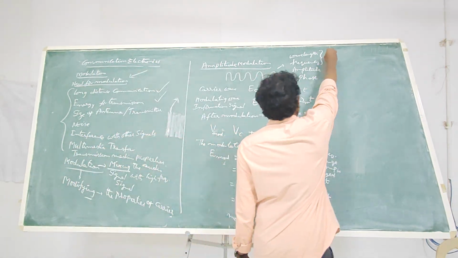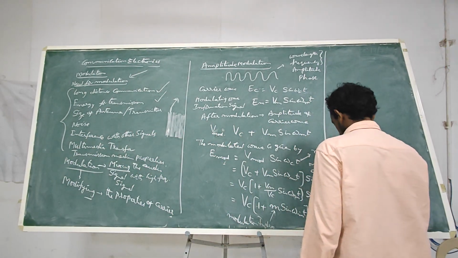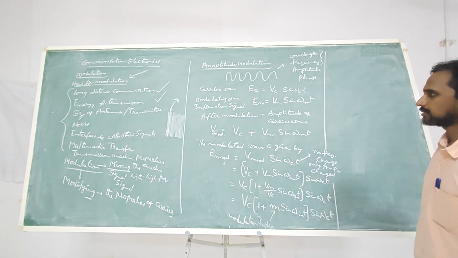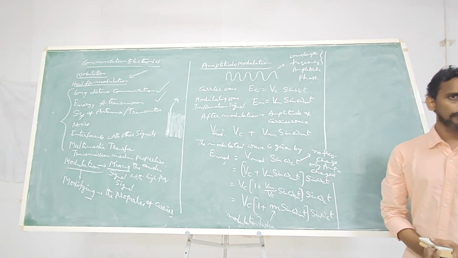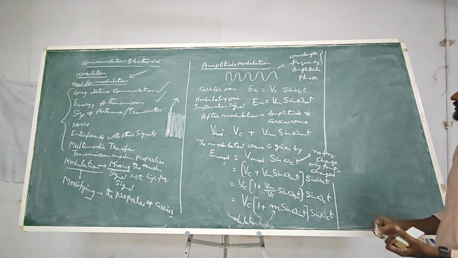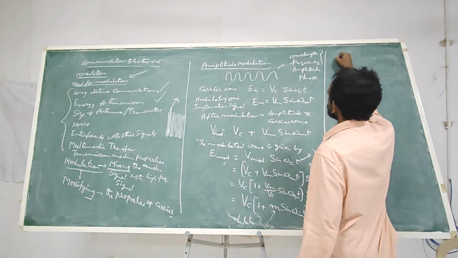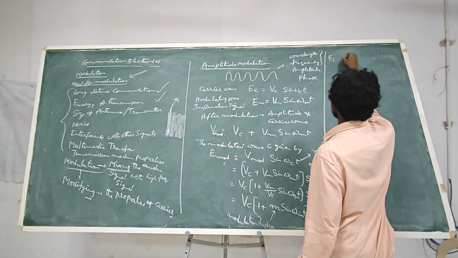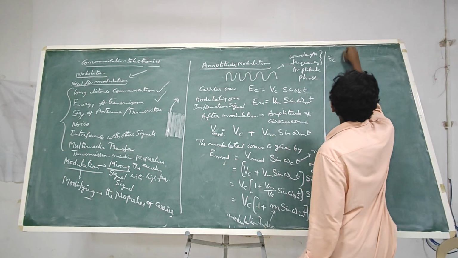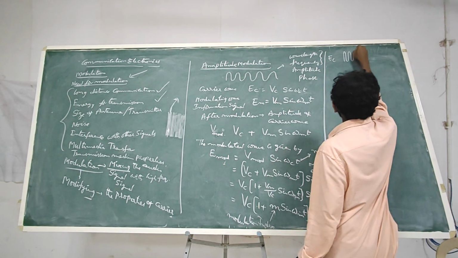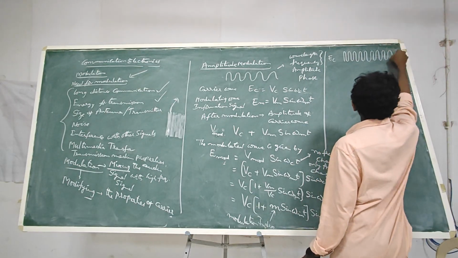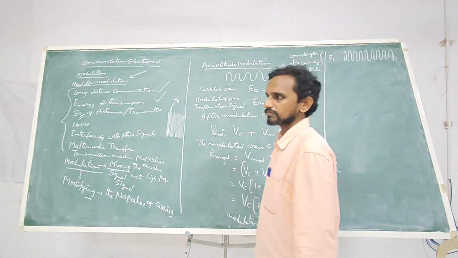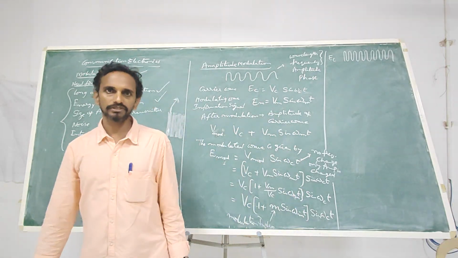So now I try to draw the wave pattern after modulation. Let's say this is Ec, some high frequency wave, carrier wave.